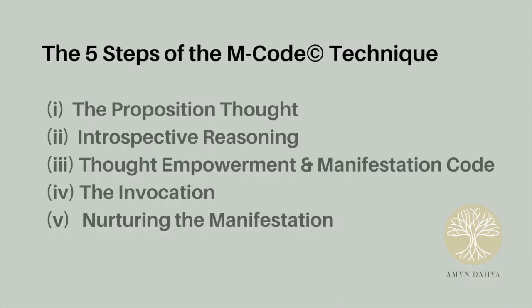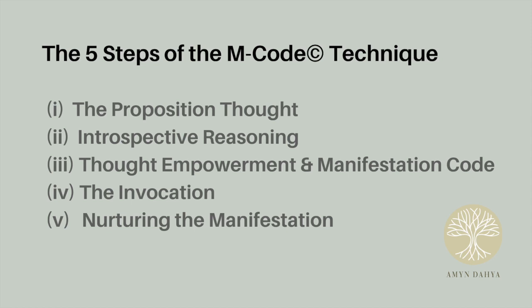Let us recap the 5 steps of the manifestation code technique. Step 1 is to come up with our proposition thought. What do we wish to manifest? Step 2 is to apply our introspective reasoning to ensure that we fully understand what we wish to manifest and why. So it's an internal dialogue.